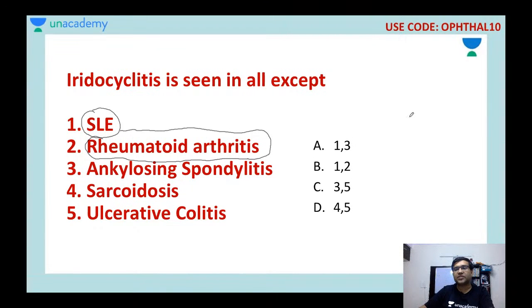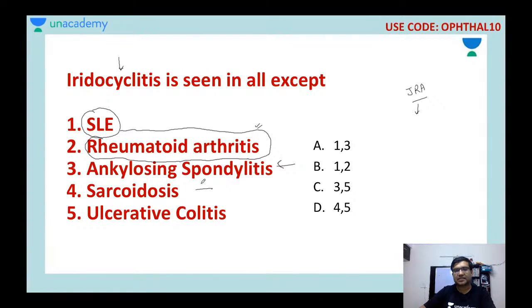Do not confuse it with JRA, the juvenile rheumatoid arthritis. Juvenile rheumatoid arthritis has more features which point towards the diagnosis of iridocyclitis. But if they have RA as the option, it goes more towards the diagnosis of scleritis as compared to iridocyclitis.